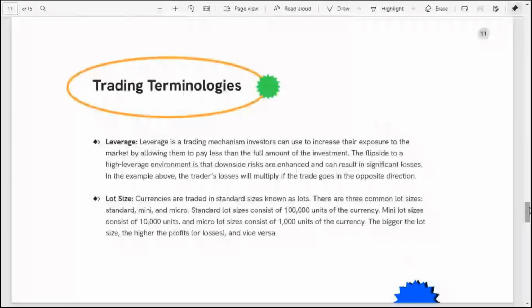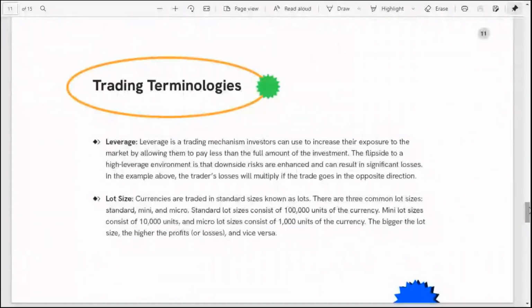The flip side to a high leverage environment is that the downside risks are enhanced. Once you use too much leverage, or once you use all your leverage, you are open to losses. You can incur a huge amount of loss. Your losses will multiply if your trade goes in the opposite direction.